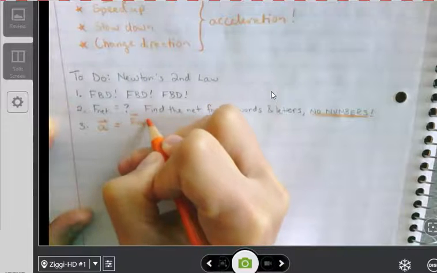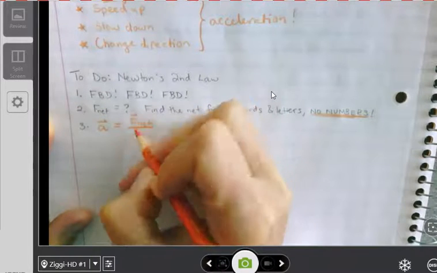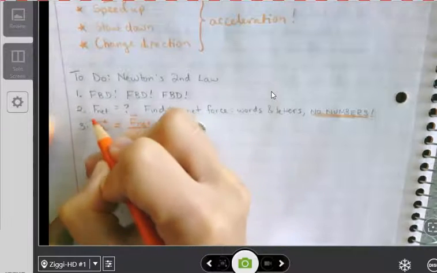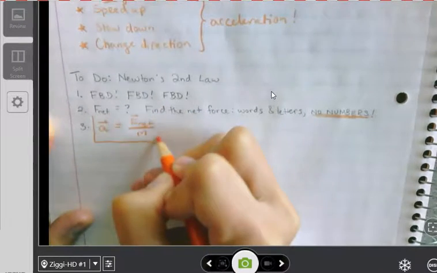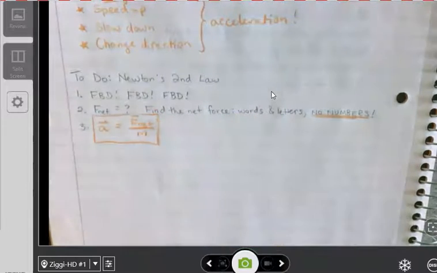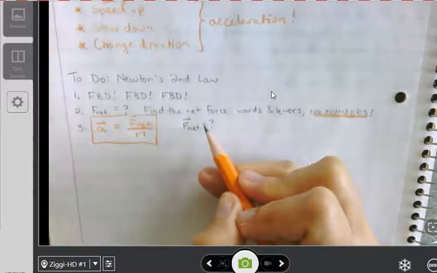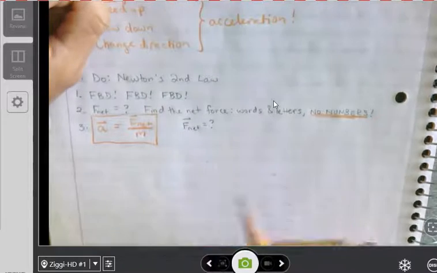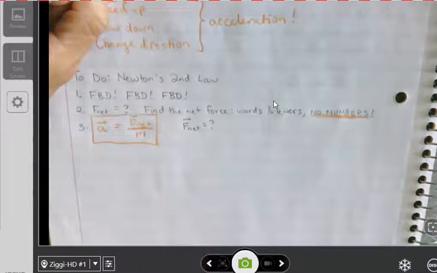Net force, for which you now have an equation with words and letters, and the mass. Now you're ready to substitute and solve. It's the third step of three, not the first step of one. Substitute your equation in. Now you're ready for some numbers. Solve for anything that needs to be solved.